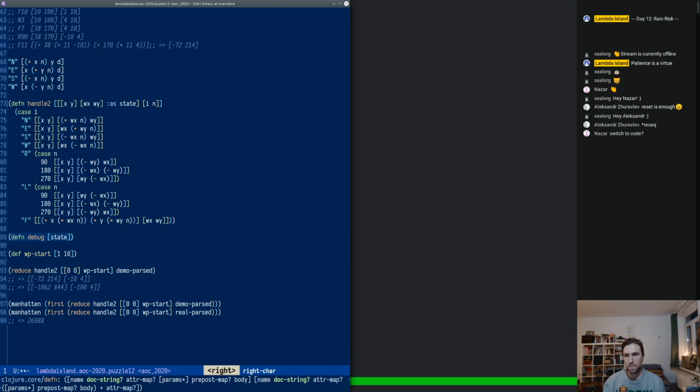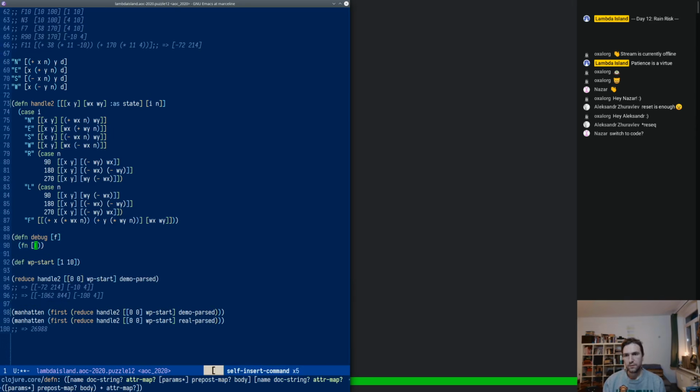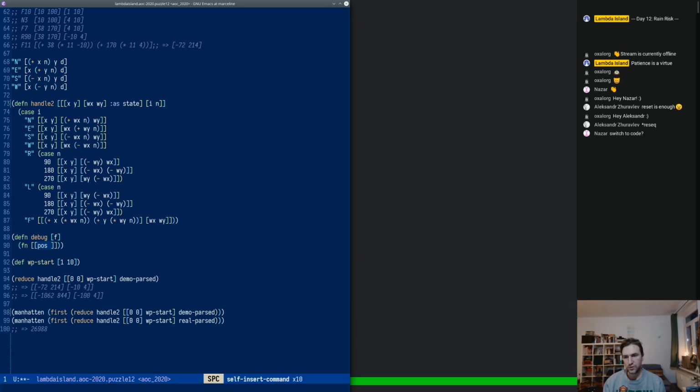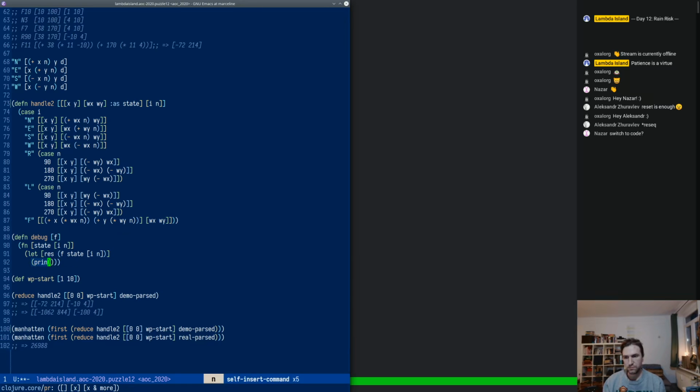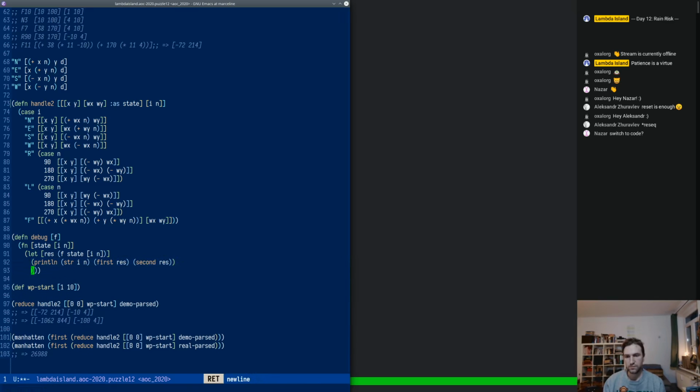Because I want to have access to both, let's make this a decorator. It takes a function, runs it, and prints the state in and the state out, first result, second result.